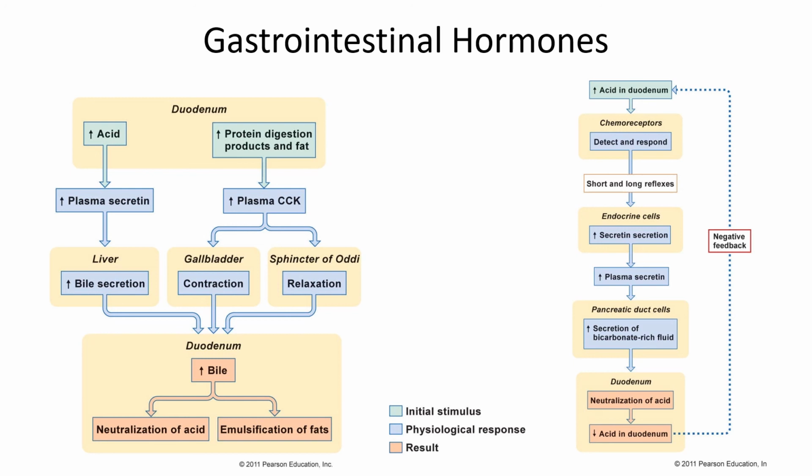Remember, that's the sphincter that sits at the opening to the duodenum and allows secretions from the liver and secretions from the pancreas to enter into the duodenum. The pancreas itself can also be stimulated as well. So we have chemoreceptors that will sense pH within the digestive system, and they can adjust that by stimulating the pancreas to release more bicarbonate.